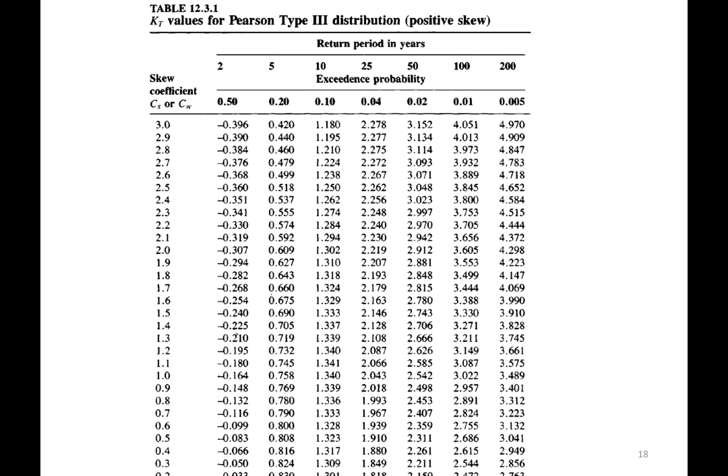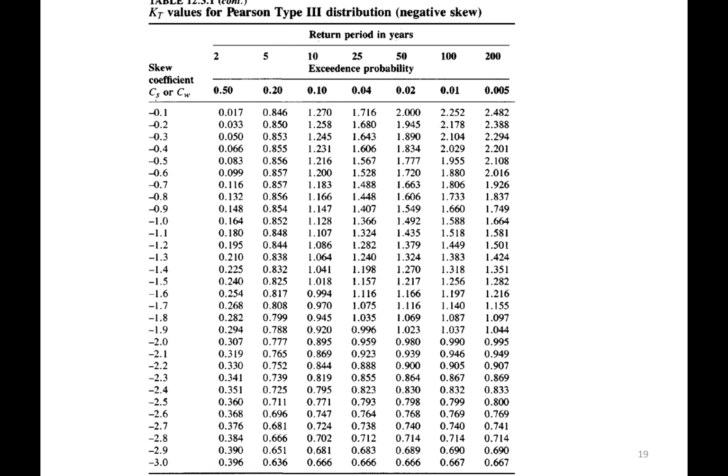This is the table 12.3.1 in the book. The idea here is, if you know the coefficient of skewness and if you know the return period, then you can get the frequency factor. So let's say I'm interested in a return period of 50 years and my coefficient of skewness is minus 1.6, and then this will be the frequency factor.